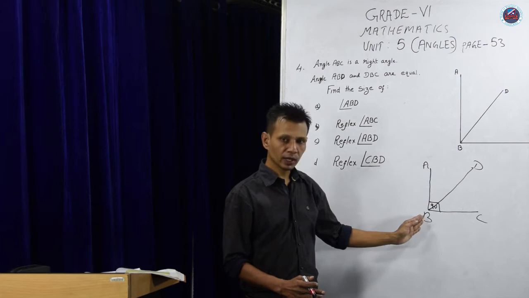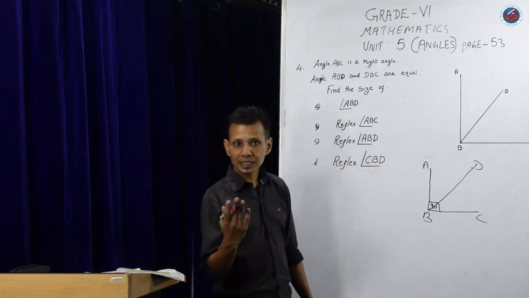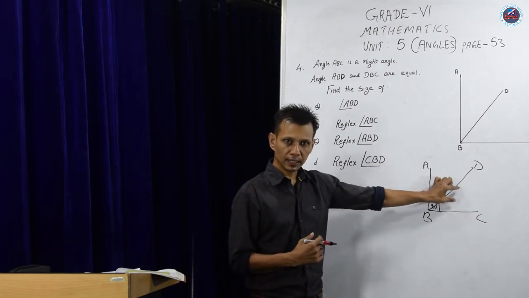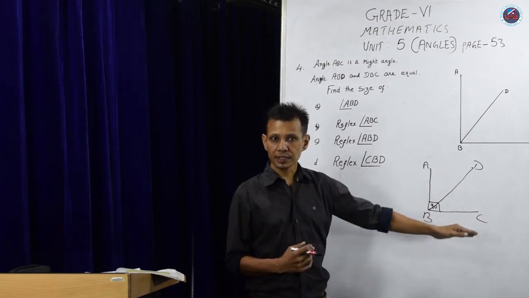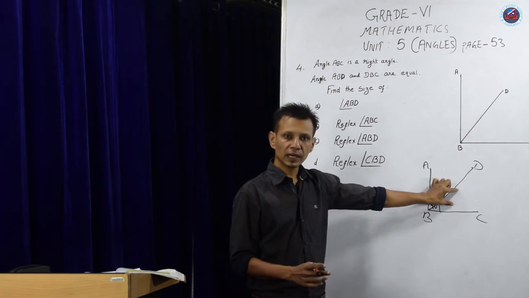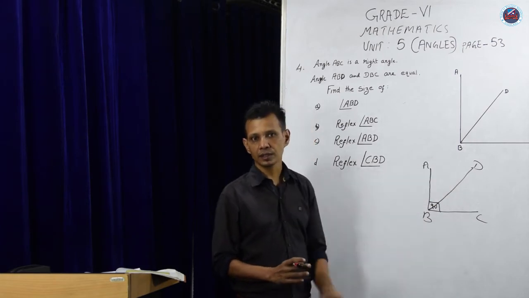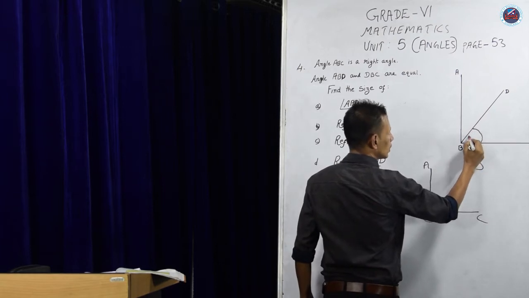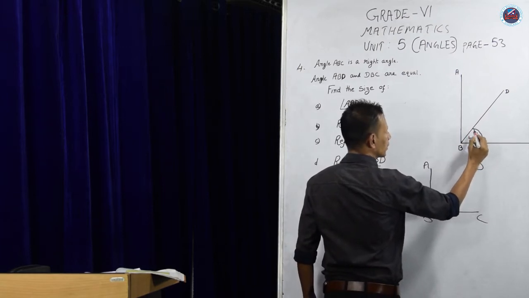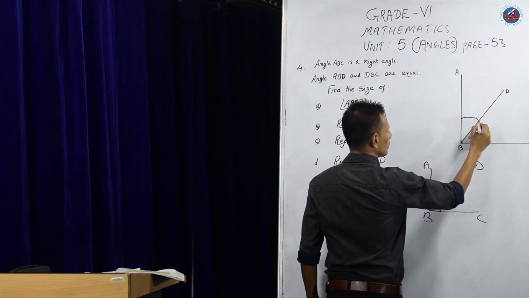Again, one more example: if ABC is 20 degrees, then this will become 10 degrees, 10 degrees. But here ABC is 90 degrees, so this will become 45 degrees, 45 degrees.